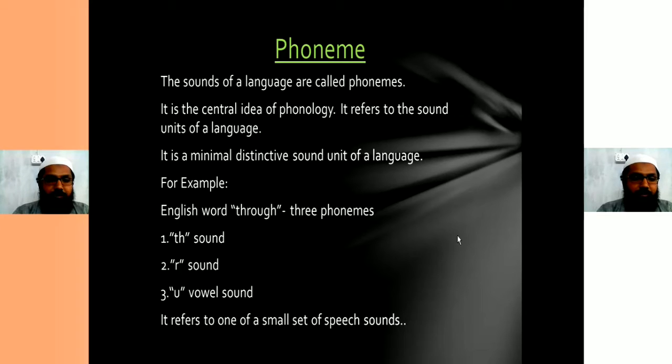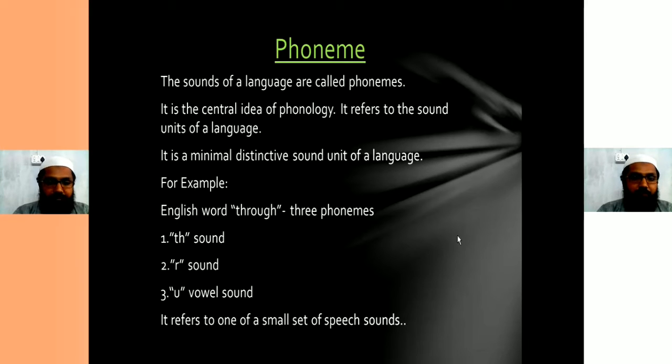If you take a word, in that word you will have many sounds. For example, in English, the word throw contains 3 phonemes. The first one is th, the second is r, the third is ow. So these are all the phonemes.